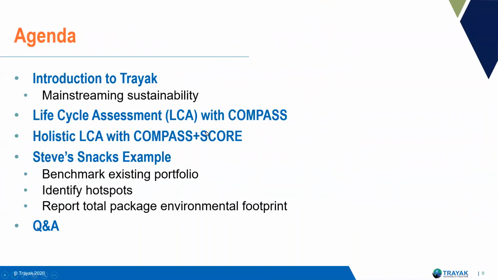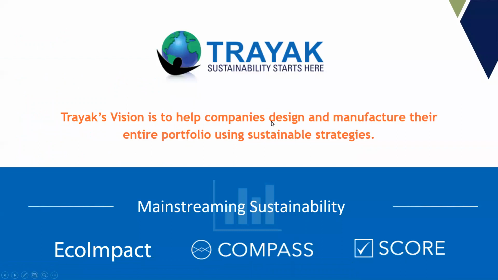So the agenda for today is we'll talk a little bit about who Trayak is and what our experience has been, and the holistic approach of sustainability of packaging with Compass and the score. And then we'll walk through a real example that Alison will take over and talk about in more detail. So now, who is Trayak?